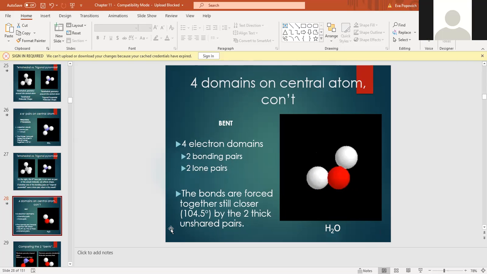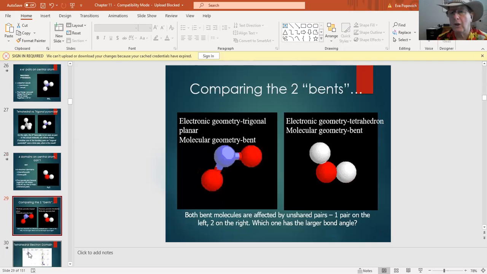All right. I have 2 different bent shapes, don't I? Yes. So if I have a trigonal planar bent molecule, or I have the tetrahedron, which bond angle is larger? The trigonal planar. Why? 2 reasons for this.